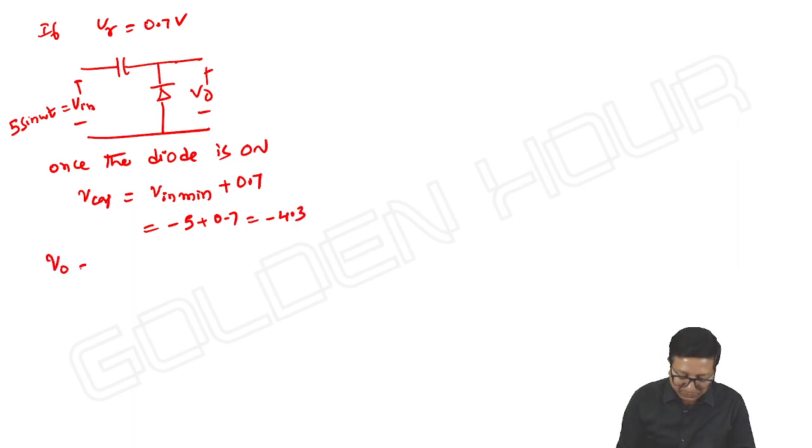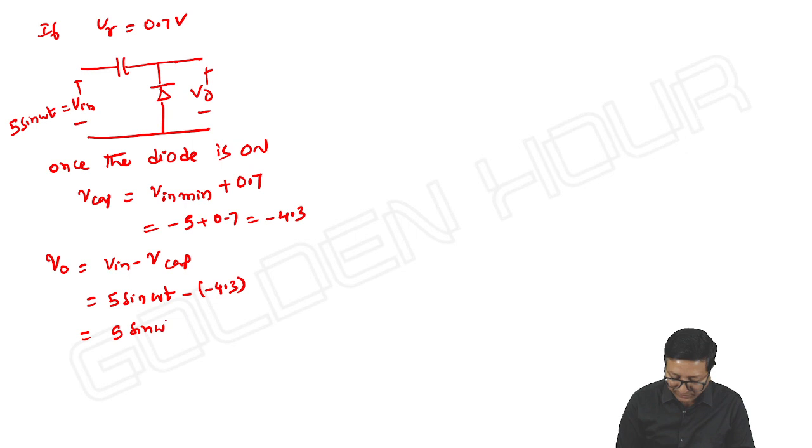Then V output is equal to V input minus V capacitor. It is 5 sin omega t minus of minus 4.3. 5 sin omega t plus 4.3. What does it mean?